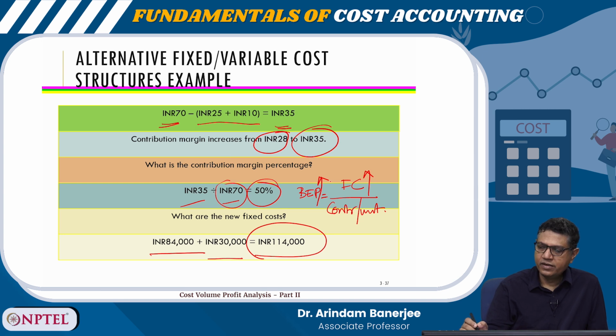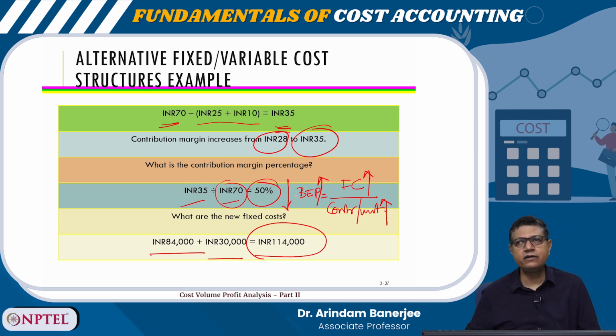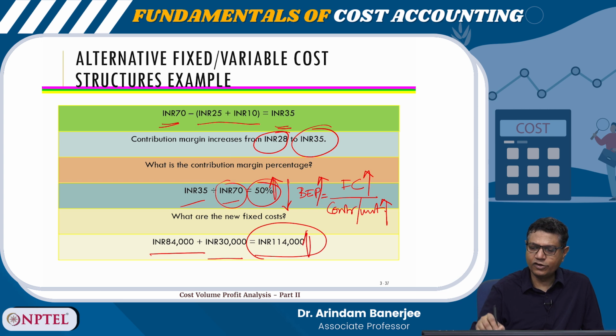And if the contribution per unit increases, then the break even point falls and vice versa. Okay. So, this is the relation. Now, in this case, the contribution margin is increasing, the fixed cost is also increasing.